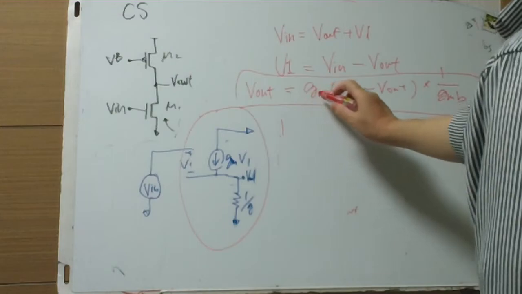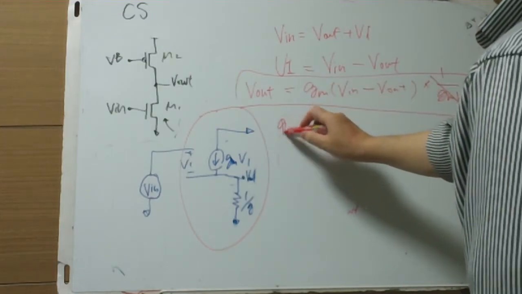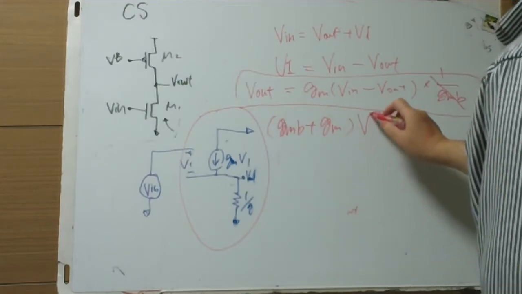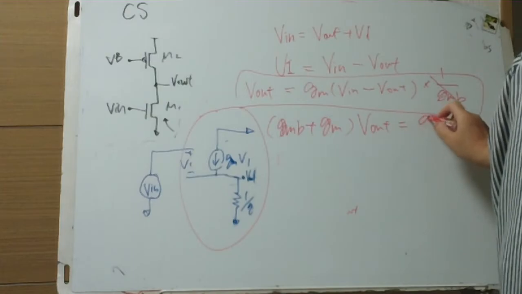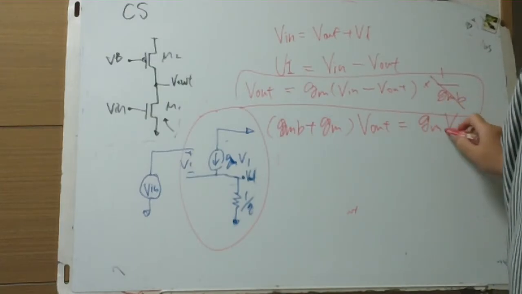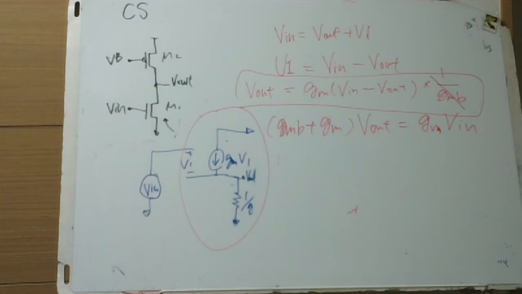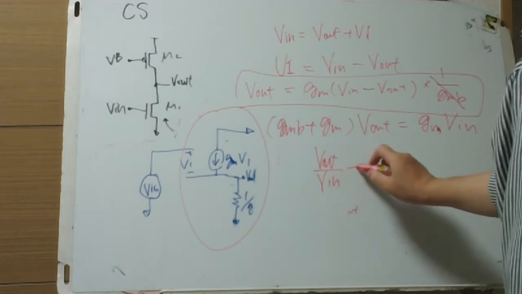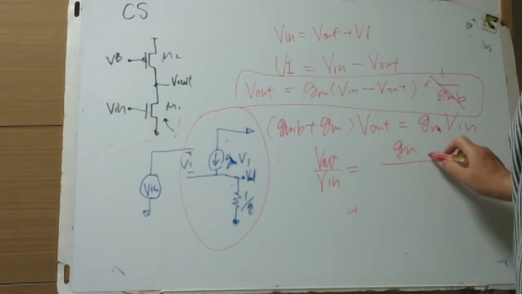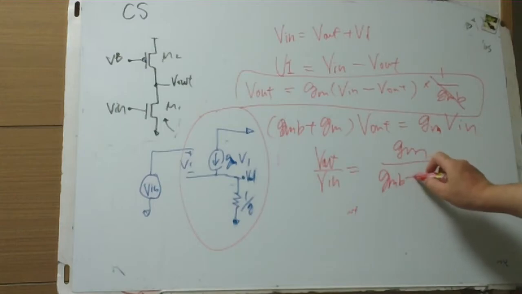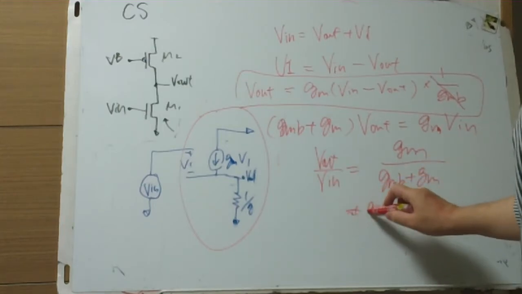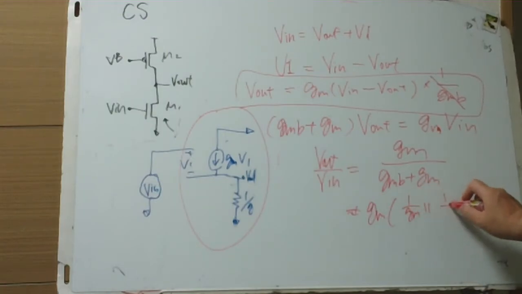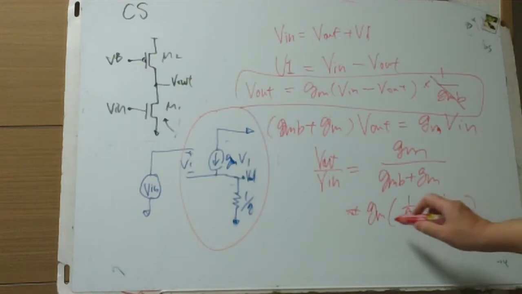GMB times V out equals GM V in. So V out over V in equals GM over GMB plus GM, which is GM times 1 over GM in parallel 1 over GMB, as expected.